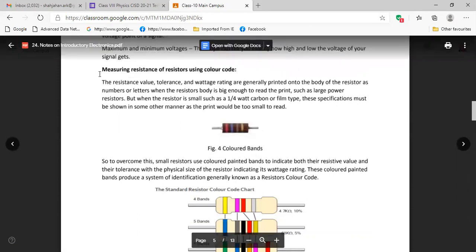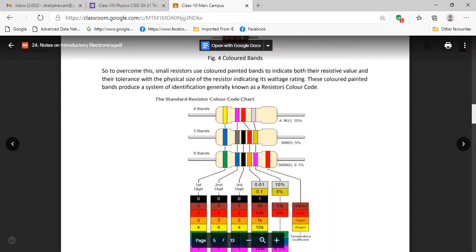Can you please write this heading, measuring resistance of resistors using color code? Please write this heading. In this note I gave lots of discussion, but you don't need so much. You need only a little bit. That one I am focusing on now. You write this heading, then I will tell you.